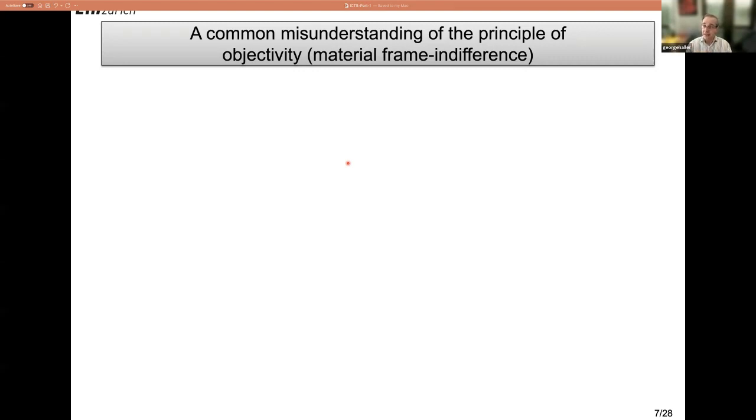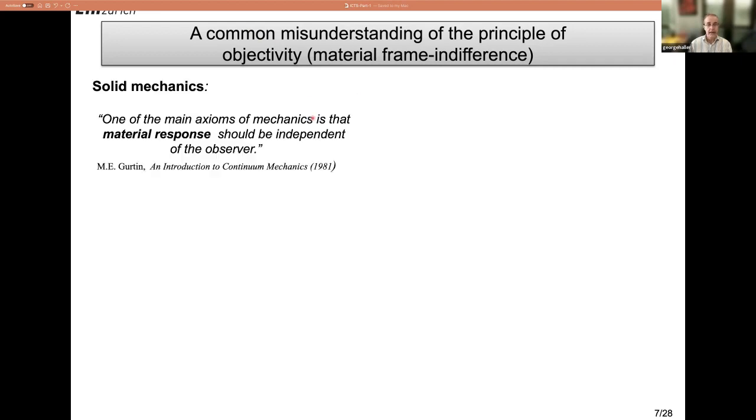And as I communicate this litmus test, people tell me, no, you're wrong. That might be true in mechanics, but fluid mechanics is not mechanics, according to some. And the argument that I usually hear back is the following. On the one hand, solid mechanics says, and this is an actual quote from a very influential book of one of the biggest names in continuum mechanics, and I quote it literally, verbatim: one of the main axioms of mechanics is that material response should be independent of the observer.